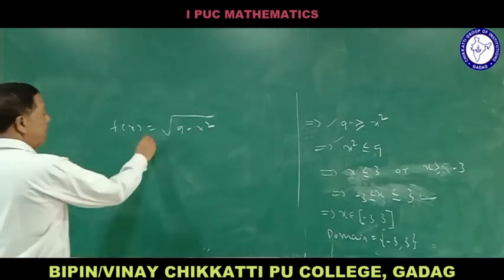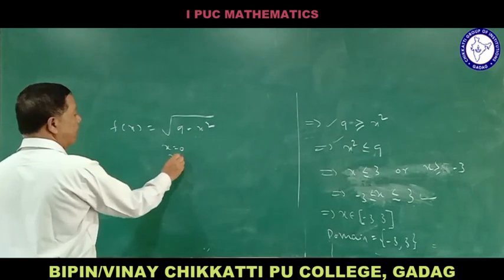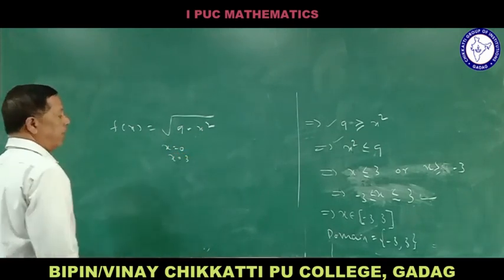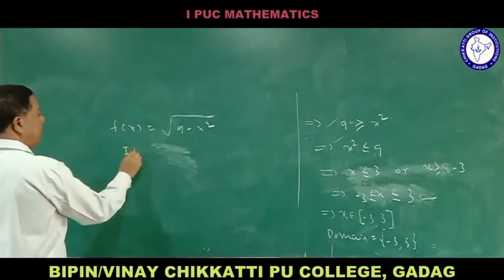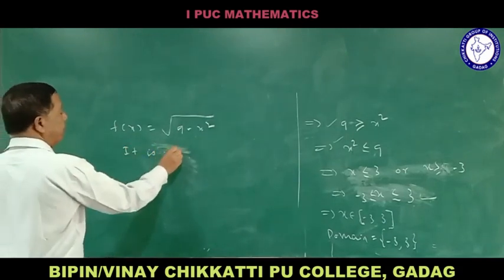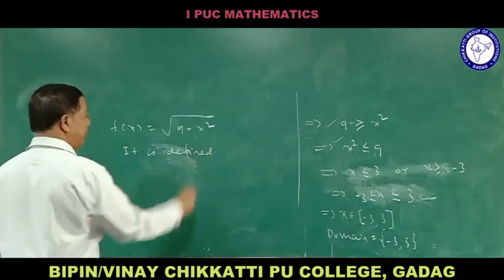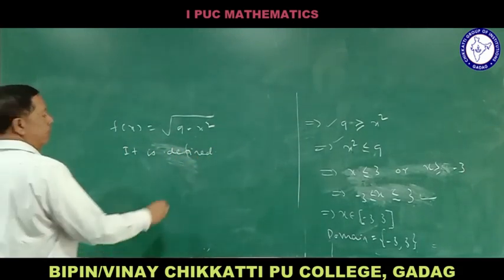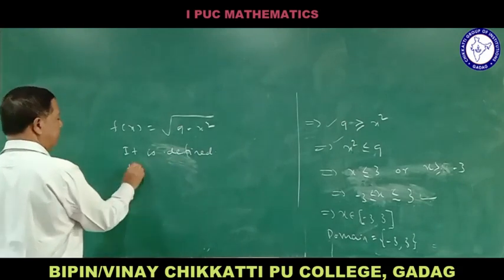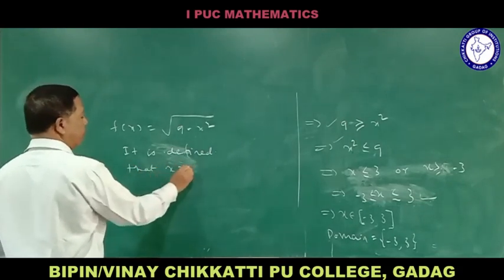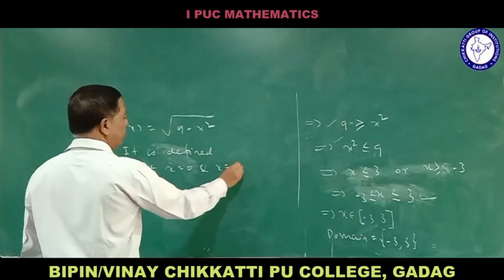So this is defined when x is equal to 0 and x is equal to 3, and we find the values that it is defined.